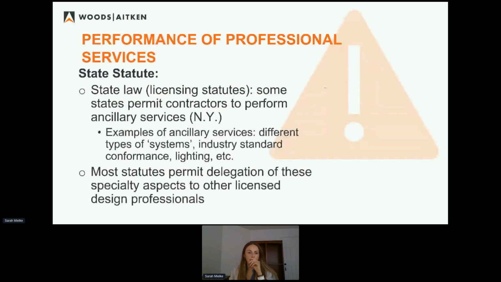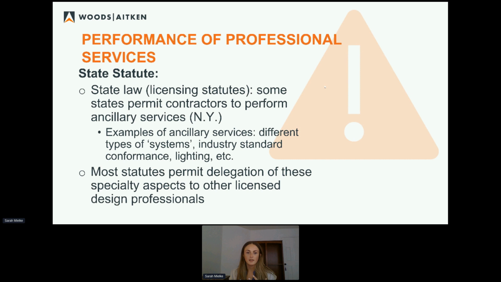So moving on to state statutes that the AIA and the Consensus Docs both reference. Each jurisdiction is going to have its own licensing statute. Some state laws will permit contractors to perform services that are ancillary to professional design services. That can include things like curtain walls, precast concrete panels, proprietary exterior wall systems, handrail and guardrail systems, attachments, and, I'm pulling these from actual contracts where these items may have been delegated, exhaust systems, sprinkler systems.